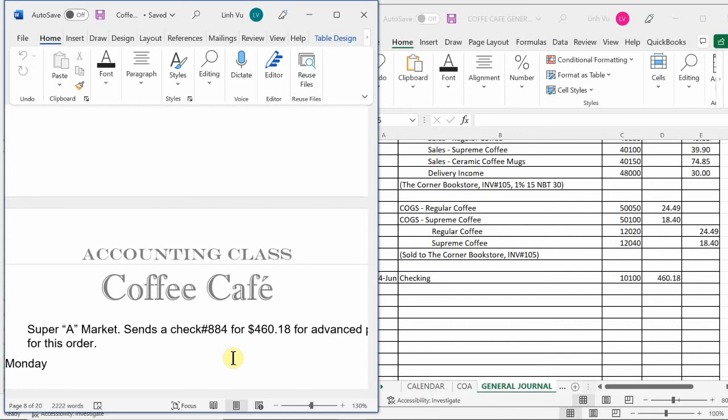How can we charge a customer if we haven't sold to them yet? They gave us money for a down payment. They paid me in advance.